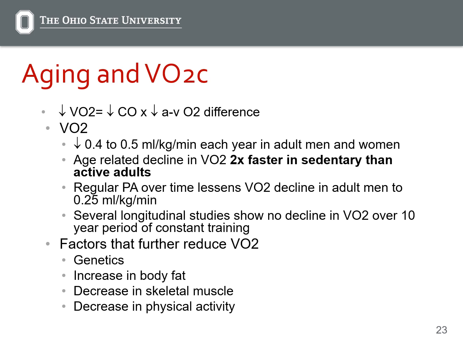The lack of blood flow, the lack of capillary beds with inactivity over the course of aging is going to decrease that AVO2 difference. So again, just some facts. The decline in VO2 is 2 times faster in sedentary than active adults. Again, regular physical activity lessens that VO2 decline.